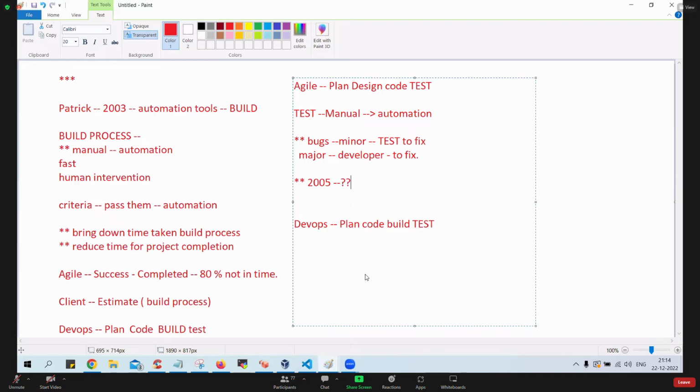Along with bug identification, they were also focusing on performance of the product. So that also became a part, right? Day on day, from manual nature, from just identifying the bugs to fixing, they're also focusing on performance now. So these are changes that are happening over a period of time.